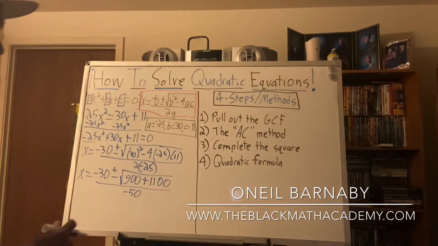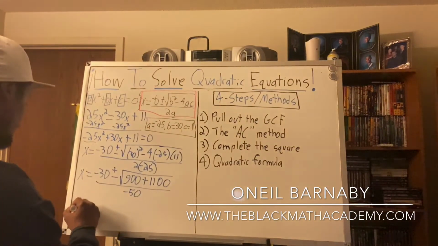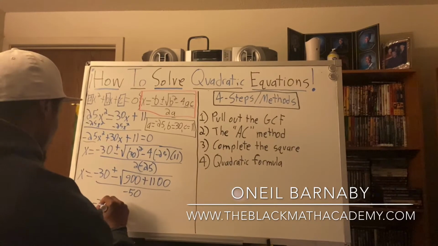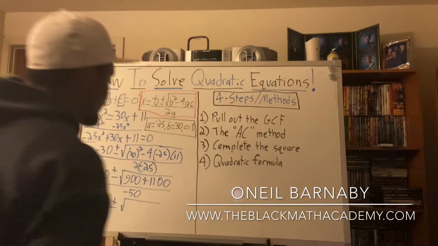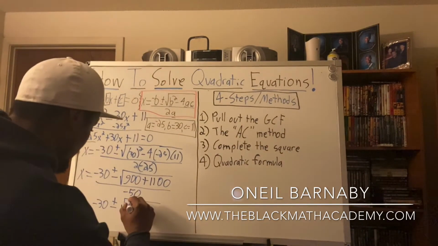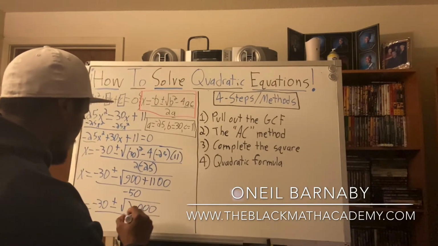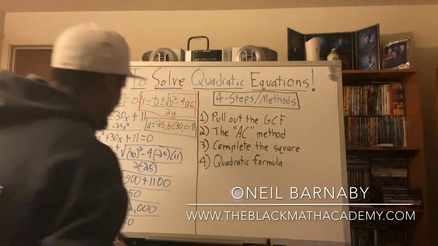All right. Then we can simplify the radical on the inside by adding. So x would be equal to negative 30 plus or minus the square root of 900 plus 1100, which happens to be 2000, all over negative 50.